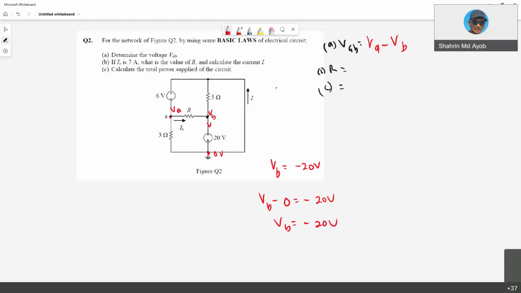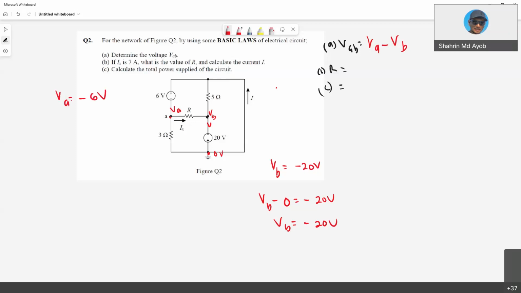Okay. So right now, VA. So what is VA? You can see it directly without any calculation. Yeah, actually, you need to be careful. VA is actually negative 6, not positive 6.